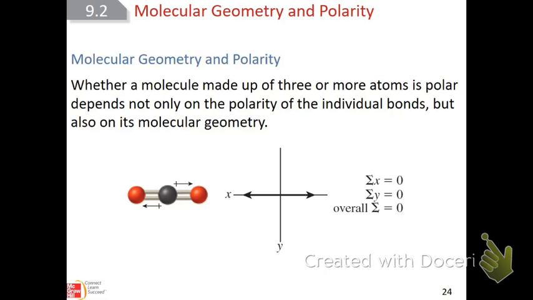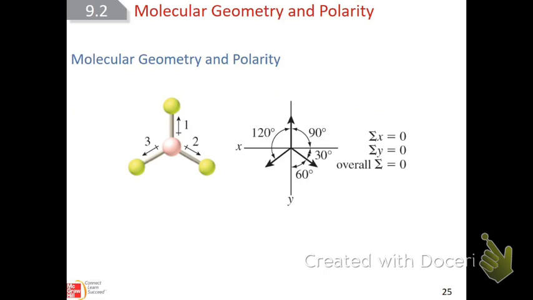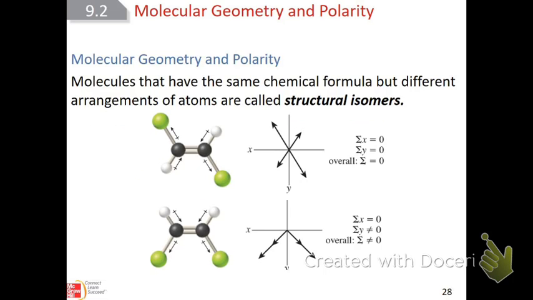Remember, the symbol for polarity is that kind of funny looking cross thing with the arrow, and the arrow is going to be pointing towards the most electronegative.